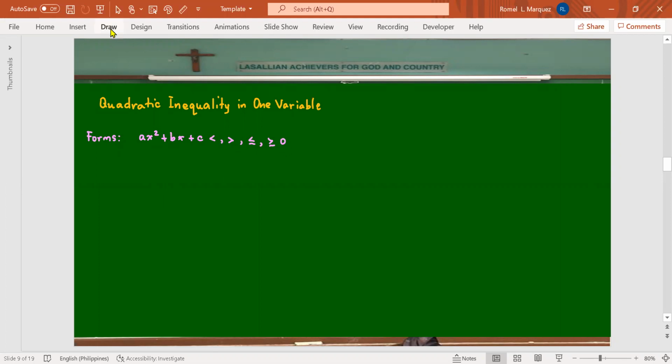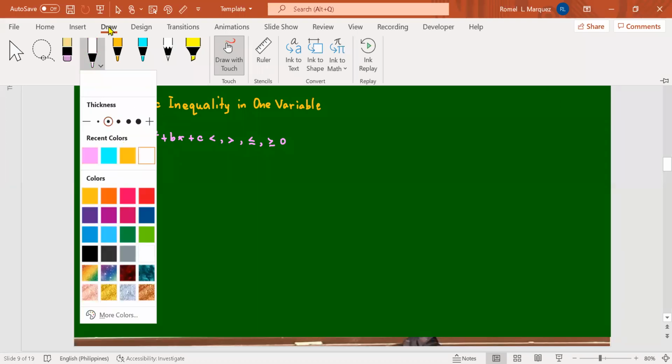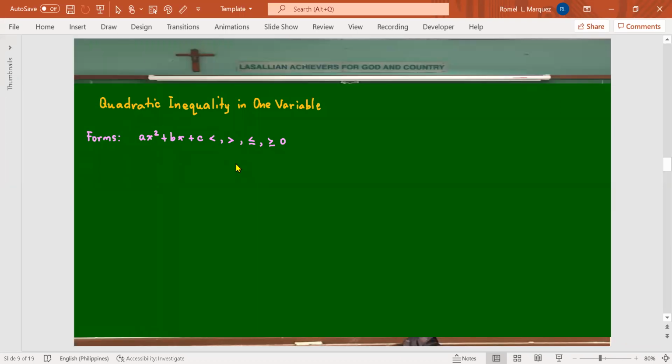How to solve a quadratic inequality? To solve a quadratic inequality, we are going to use the concept of critical numbers and sign chart. And of course, you should know how to solve for critical numbers. Critical numbers are the solutions to the quadratic equation associated with this inequality.